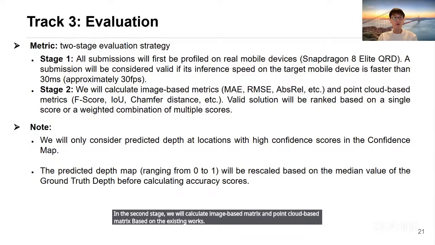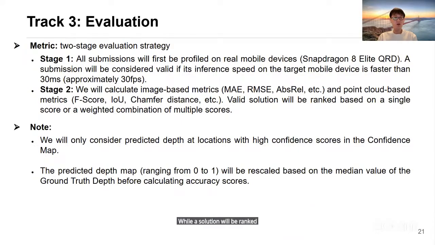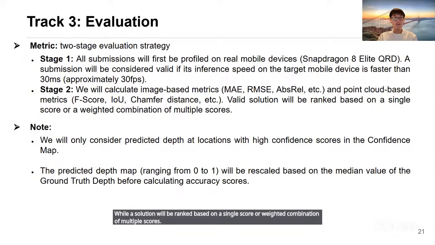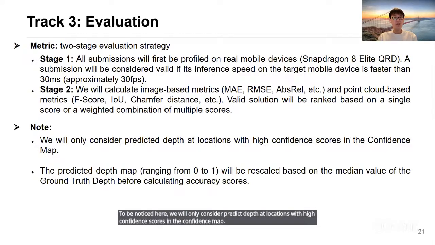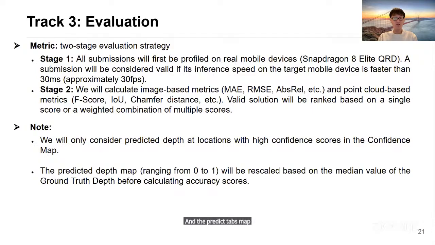Valid solutions will be ranked based on a single score or a weighted combination of multiple scores. To be noted here, we will only consider predicted depth at locations with high confidence scores in the confidence map. And the predicted depth map, which runs from 0 to 1, will be rescaled based on the median value of the ground truth depth before calculating the final accuracy scores.